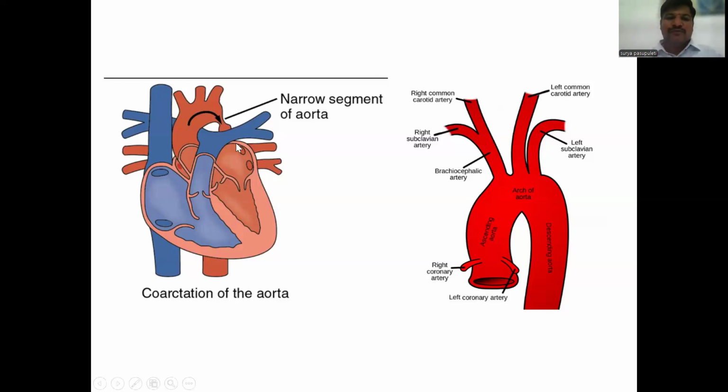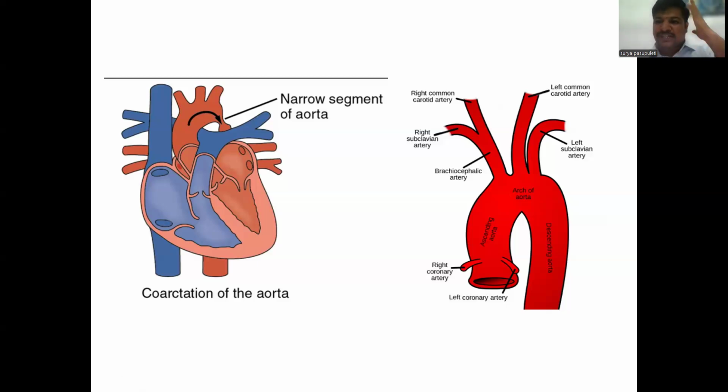So here we will see coarctation, that is narrowing of the aorta. When there is narrowing of the aorta, the pressure distal to the defect will be decreased, and pressure proximal to the defect will be increased, right? With this increased pressure proximal to the defect, the aorta is supplying blood to the head and arms, the upper extremities.